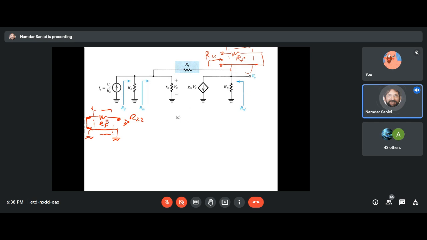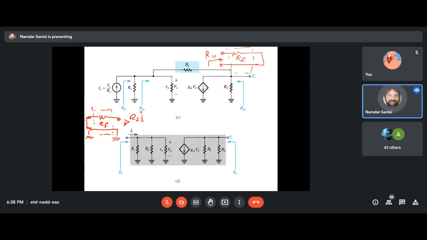Now, removing the feedback network, the remaining is the amplifier, but the newly formed amplifier must contain R11 and R22, in parallel with the input and the output.